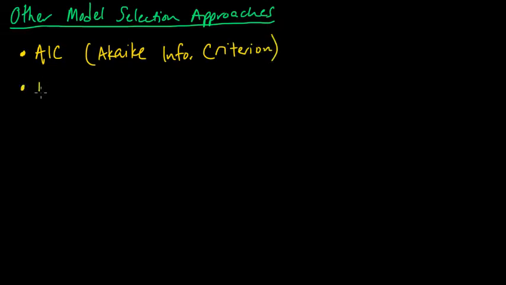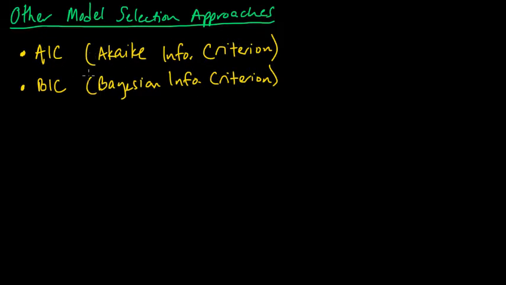And the closely related BIC, or so-called Bayesian information criterion. And these are very similar. And the idea behind these is that you penalize models according to the number of parameters that they have.